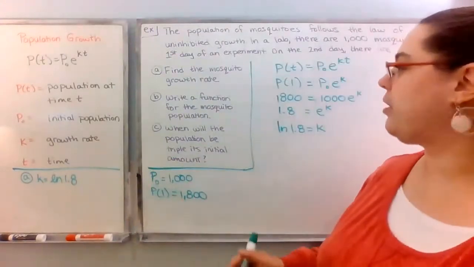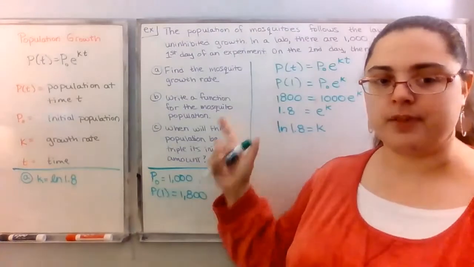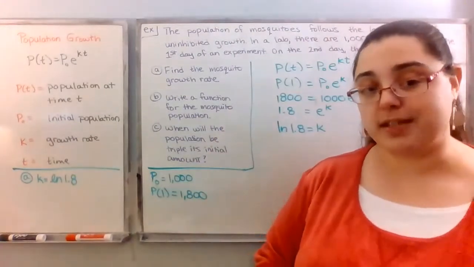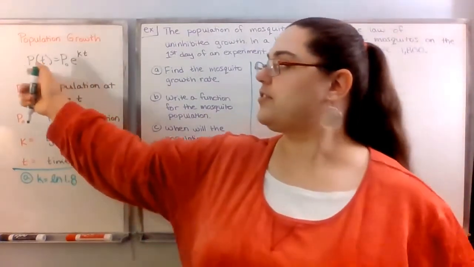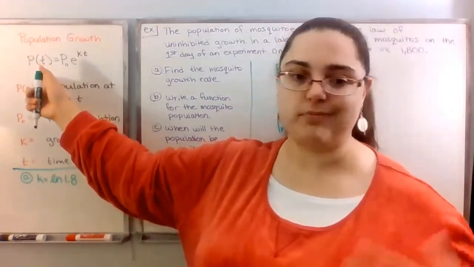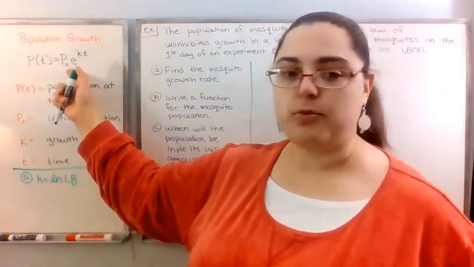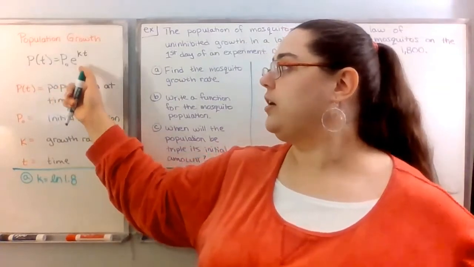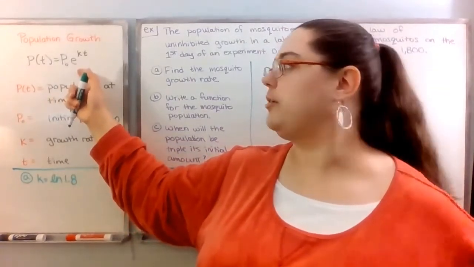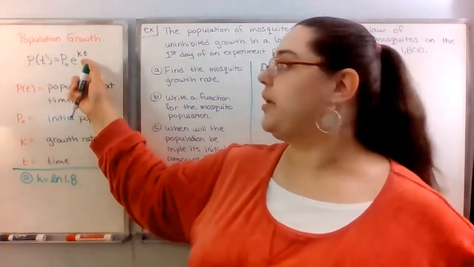All right, so let's move on to part B, which says, let's write a function for the mosquito population. When we go to write a function for the mosquito population, we want to make sure that we are keeping P of t. That's like our y in our formula. P naught, so we need to know our initial population, that's a variable we have to substitute in for. e is just e, an irrational number. k is our growth rate, so we do need to know that to sub in.